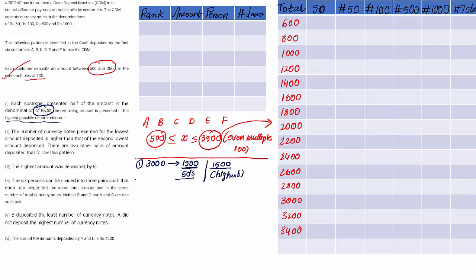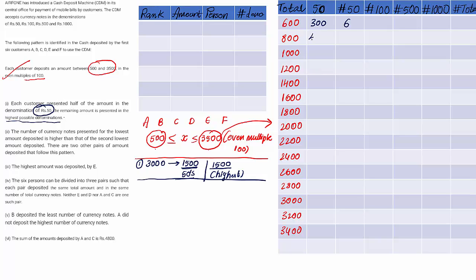If I have 600 here, the 50% of 600 is 300 rupees. So 300 rupees would be in the denominations of 50. How many 50s would be there? It's 300 by 50, which is 6. So denominations of 50s would be 6.